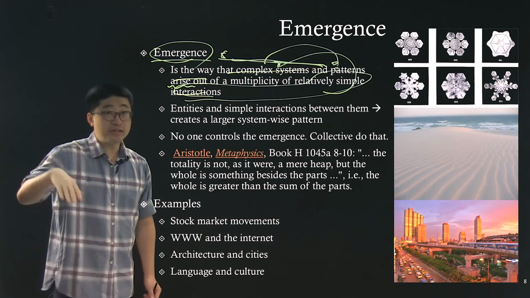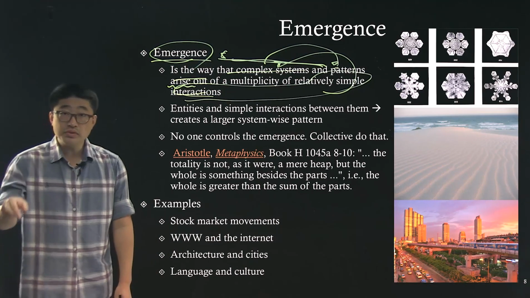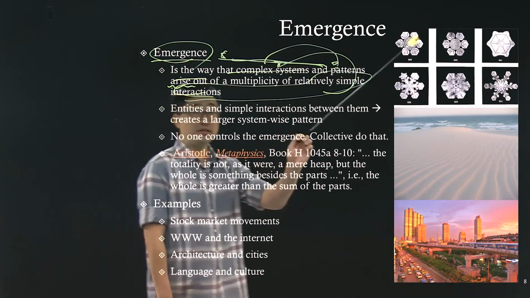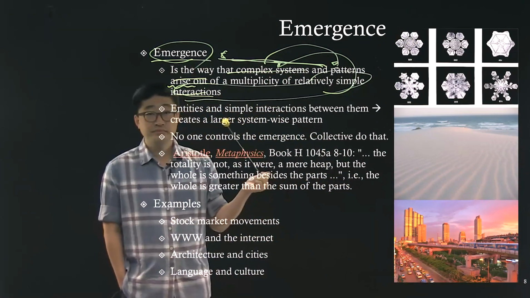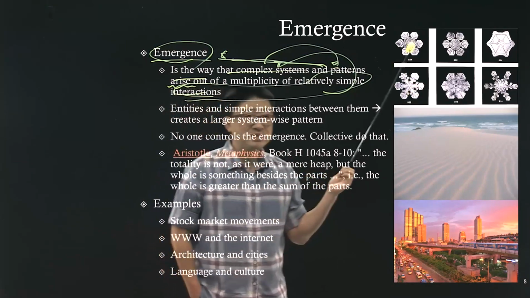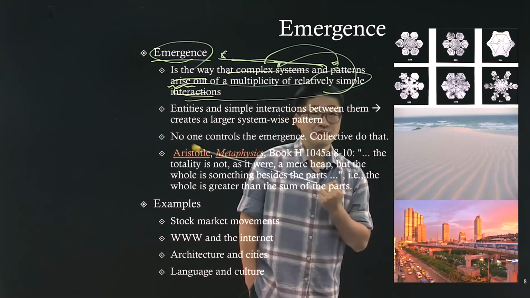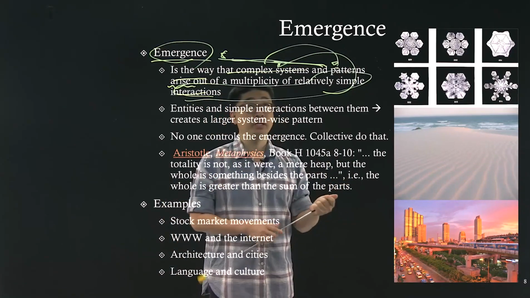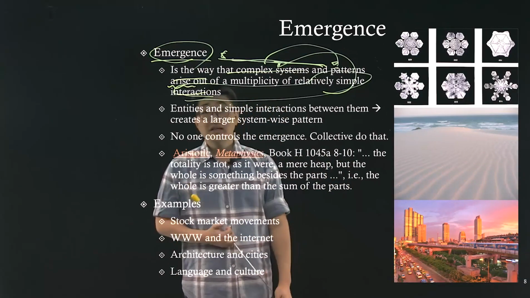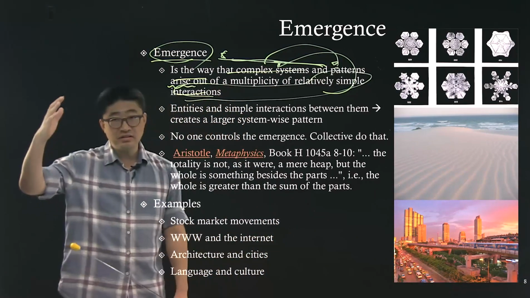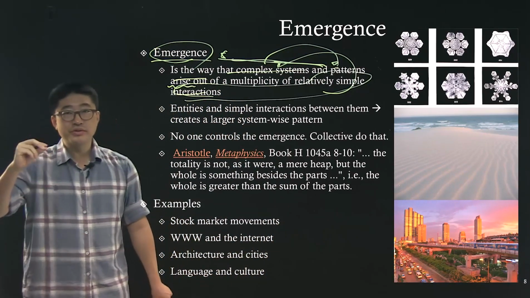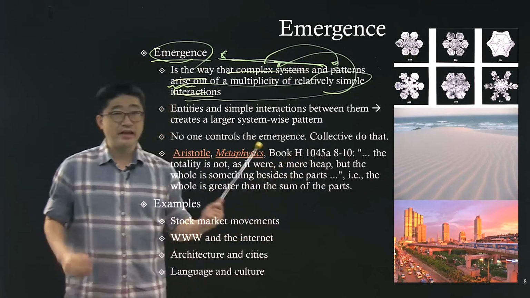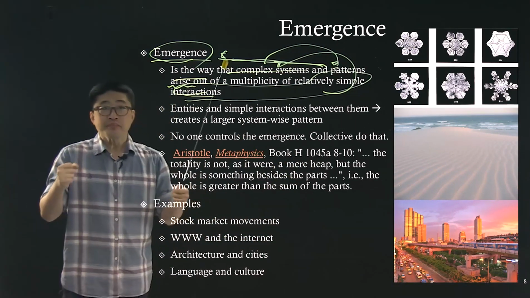Emergence happens in the natural world and also in the artificial, man-made world. For example, let's imagine this snowflake. Okay? This snowflake has such a beautiful shape, right? But did someone artificially create this shape? It's not. In the cloud, water molecules move up and down, creating this snowflake, creating a crystal.